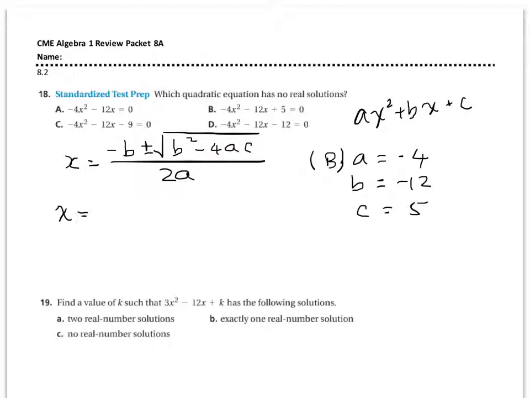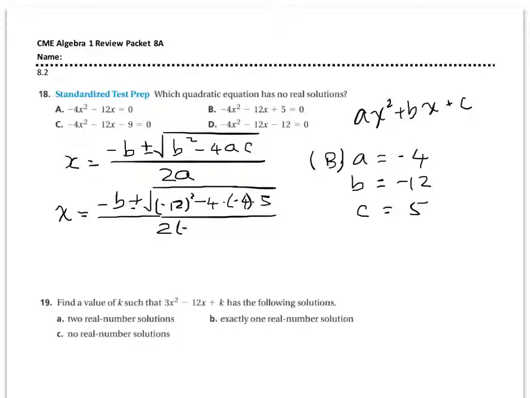We have x equals negative b plus or minus square root of negative 12 squared minus 4 times negative 4 times 5, divided by 2 times negative 4. Actually that b should be negative 12.